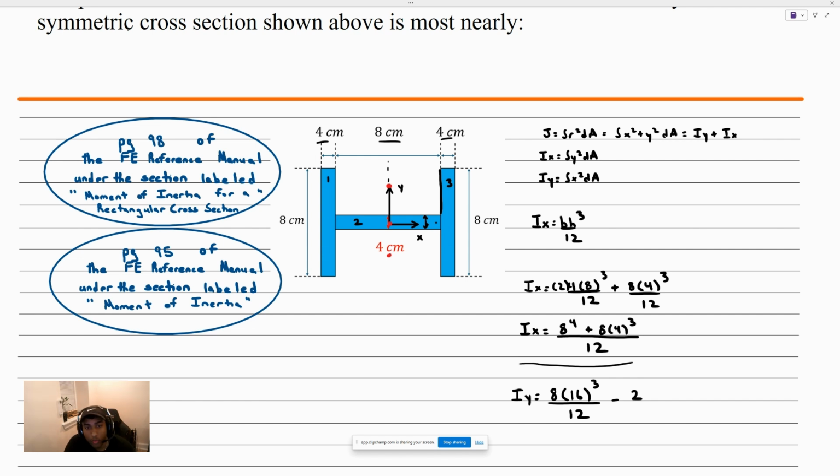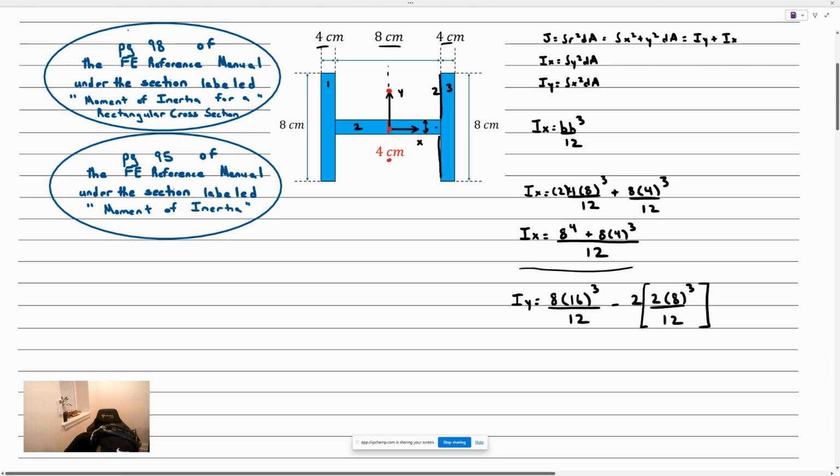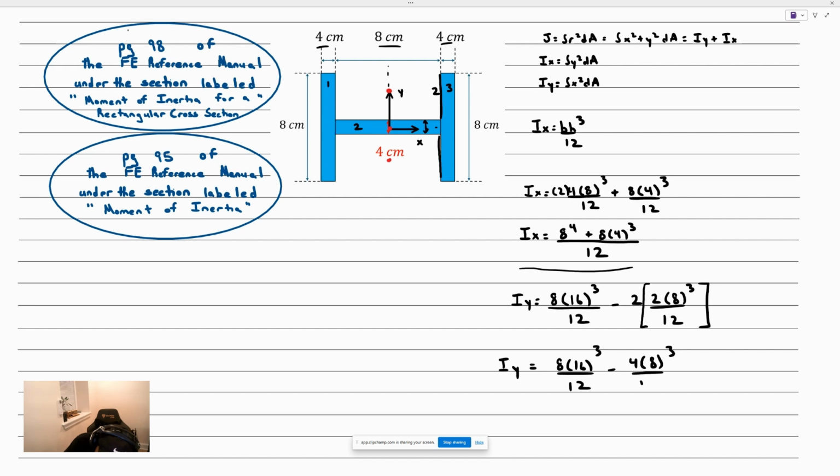So that means we have 4 remaining that we can split into this top portion and this bottom portion. This base right here must be 2. We have 2 of those shapes with a base of 2 and a height of 8 cubed over 12. What that means for us is that Iy is equal to 8 times 16 cubed over 12 minus 4 times 8 cubed over 12.